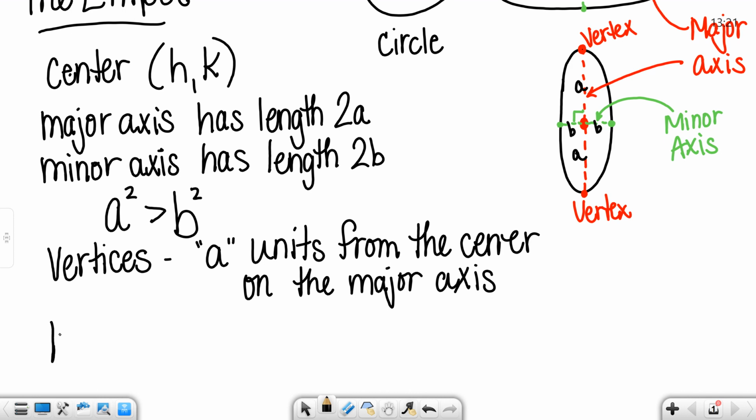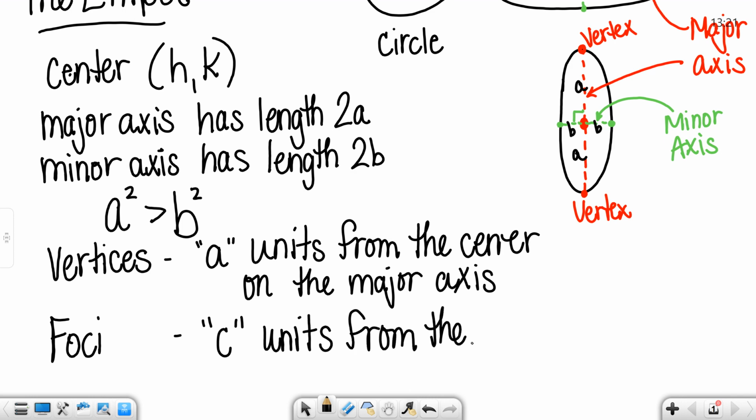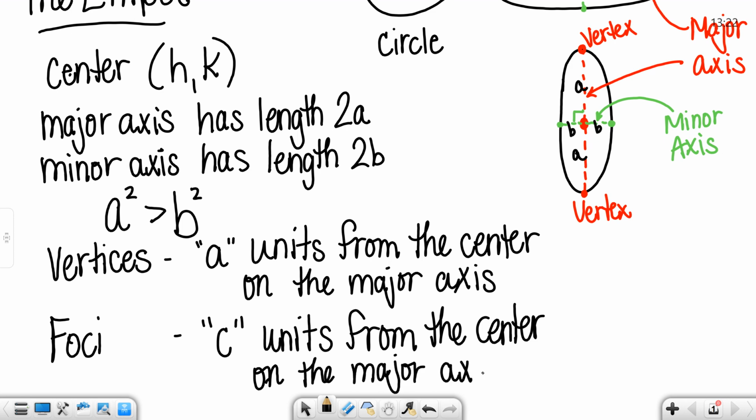Something I don't have labeled on the diagram is called a foci. Now, foci is plural for focus. Each focus is C units from the center, and it is also on the major axis. And so you don't have C in our diagram that we have drawn.